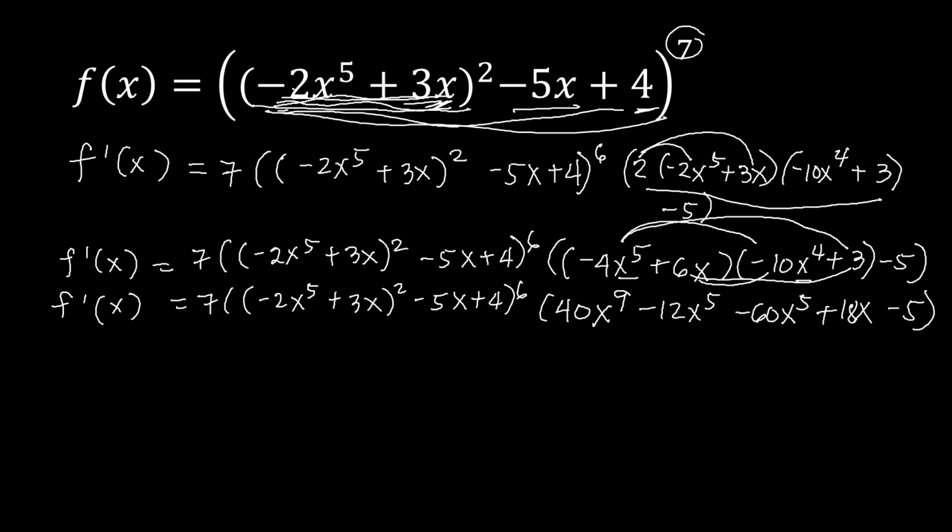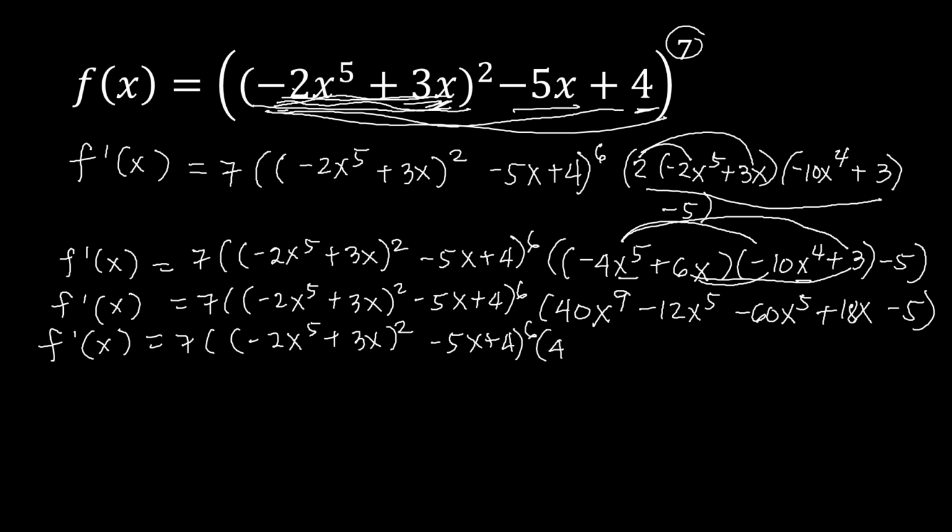So out from there, simplifying that one, we copy 7 and the rest. And then we try to simplify. So we have here 40 x to the power of 9. And then we try to combine this one.